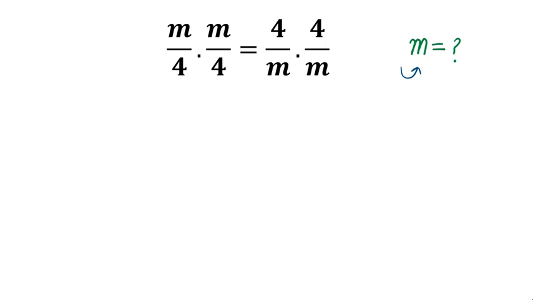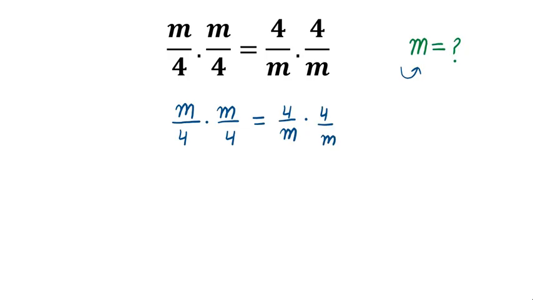Now let's start the solution of this question. The given algebraic equation is m divided by 4 times m divided by 4, and this is equal to 4 divided by m times 4 divided by m.